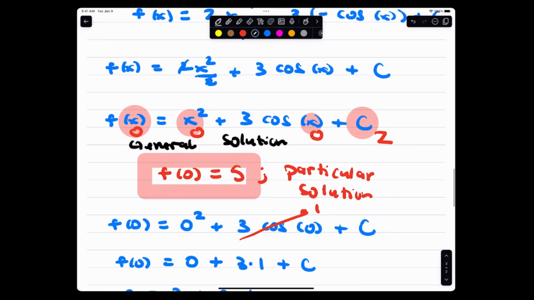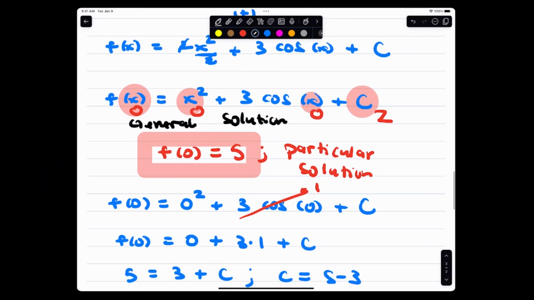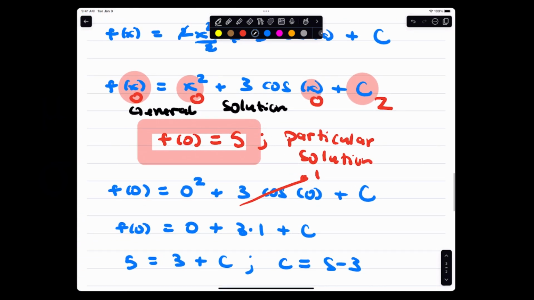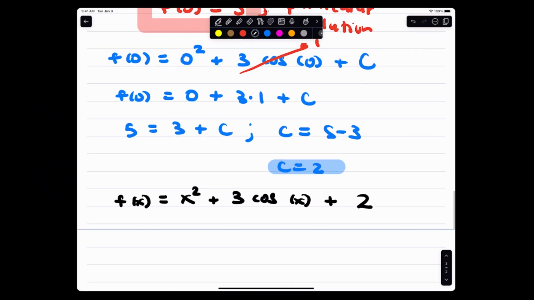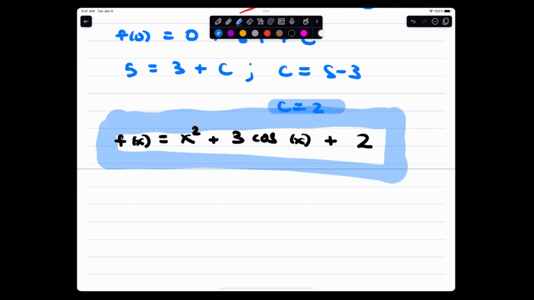Instead of having a general antiderivative, you now have a particular antiderivative. Because this is just a family of solutions. You now have a particular solution. And that's kind of what they're looking for, a particular solution.